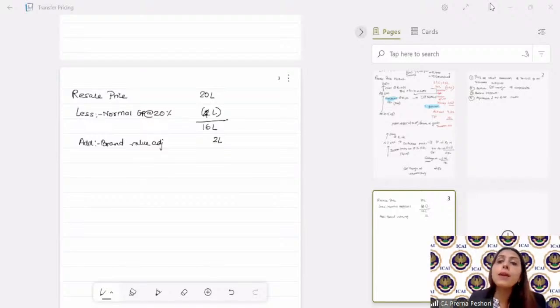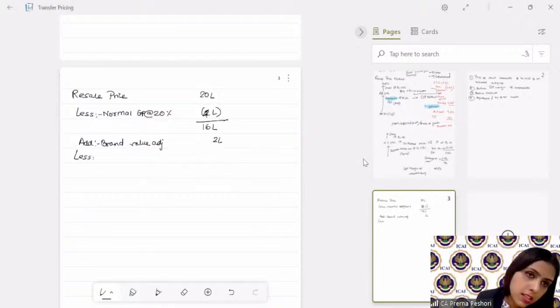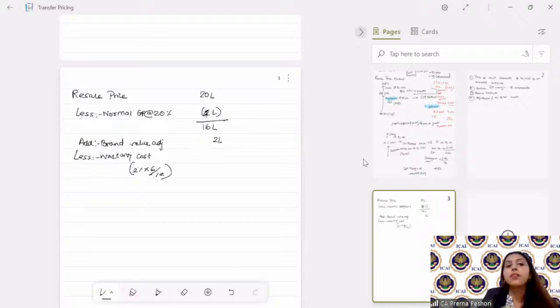So you will make an adjustment so as to provide less warranty cost, 2% into 6 divided by 12 for the 6 months. You will reduce the warranty cost, right? And what is the warranty cost? 2% into 6 by 12, which is 1% basically. So out of 20 lakhs, your warranty cost will be there.